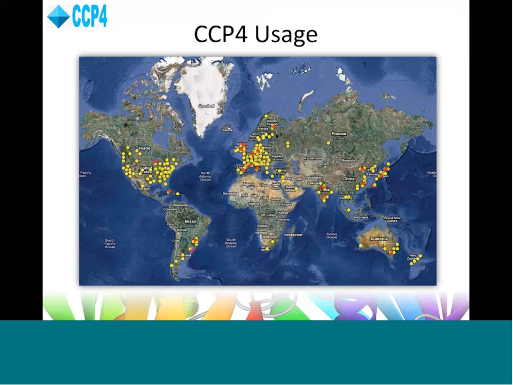The red dots here indicate where we run schools or workshops, and we use this license map as a guide as to where we should go for these training events. I'll talk more about those a bit later on.